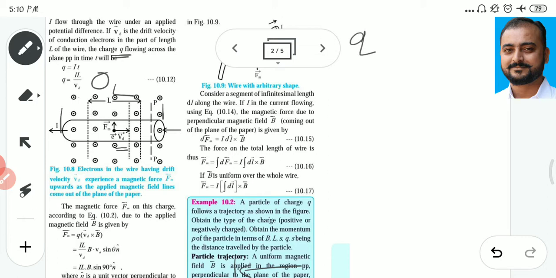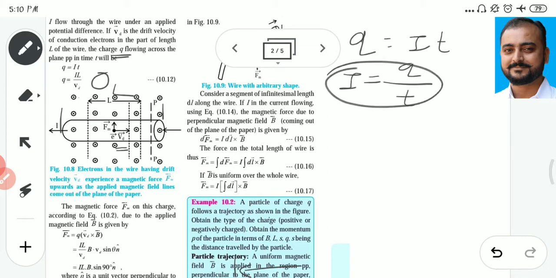So in this manner, what is the charge? Charge is nothing but the current multiplied by time. Or you can define current as the rate of flow of charge per unit time, and from this equation we get charge is equal to I multiplied by T. So we can write this equation like this: Q is equal to I, current remains as it is. Using the definition of drift velocity Vd, or simply velocity V, it is equal to distance covered by the charge per unit time.